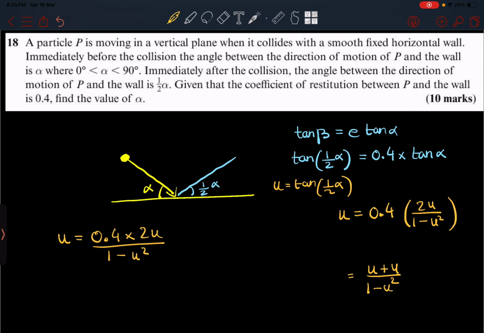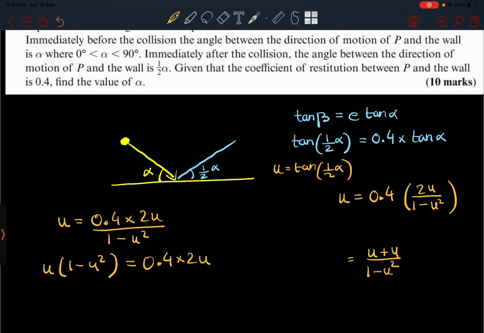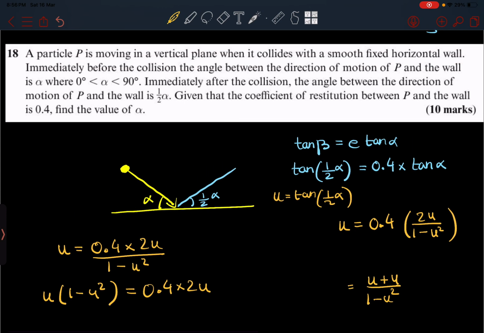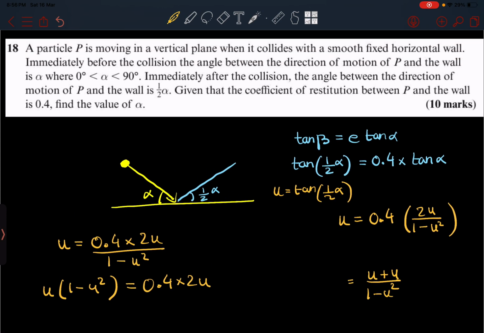We can then go on to do u times 1 minus u squared equals 0.4 times 2u. I know that u is not equal to 0, so that is the reason why I can cancel out the u.